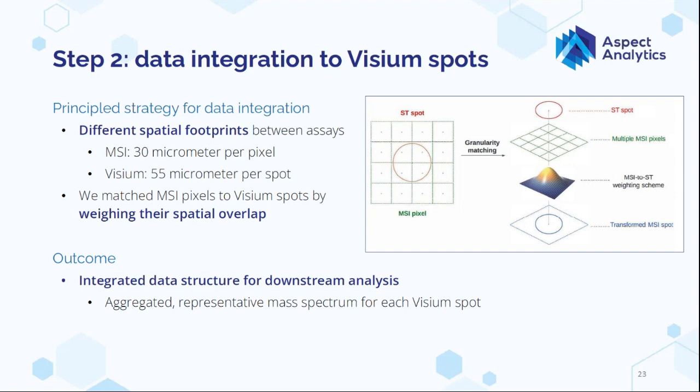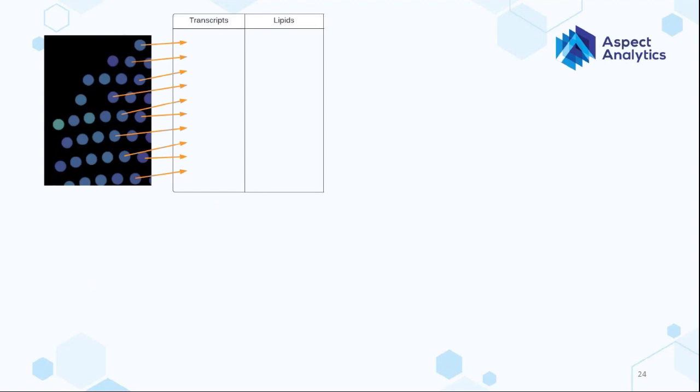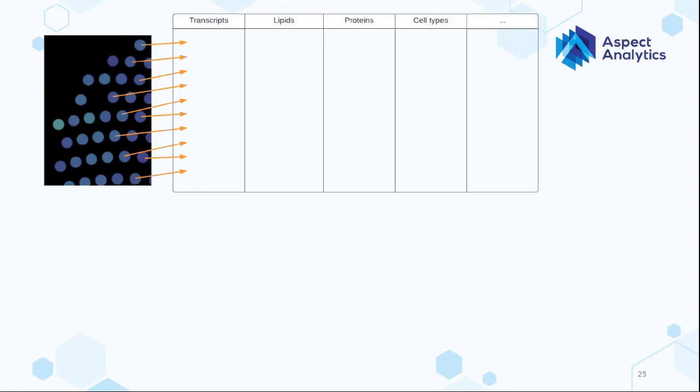At this point, we have an actual integrated data structure where we now have, for every Visium spot, the whole transcriptome information that the Visium assay gives you, plus a representative lipid spectrum from the mass spec imaging, which was acquired on a serial section. If you would have run more assays, say a spatial proteomics assay on a serial section, we can keep using the same idea to add more features to this integrated data structure.